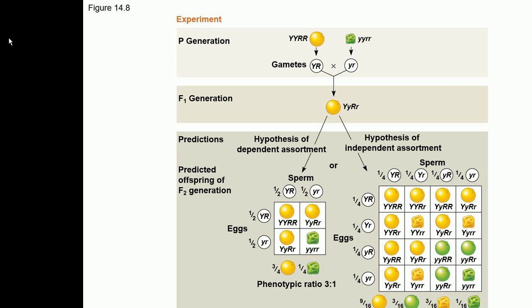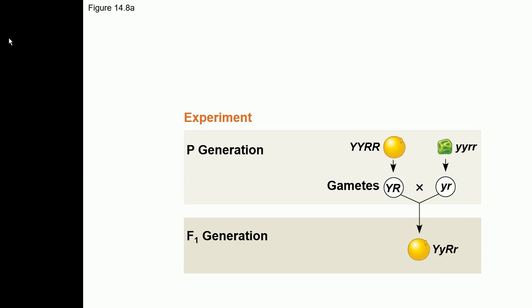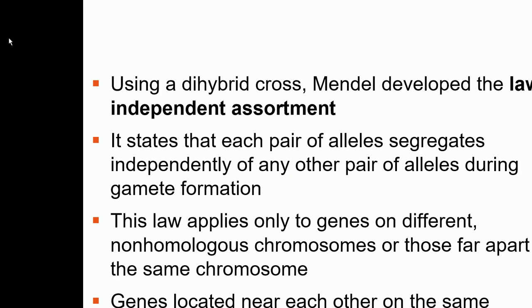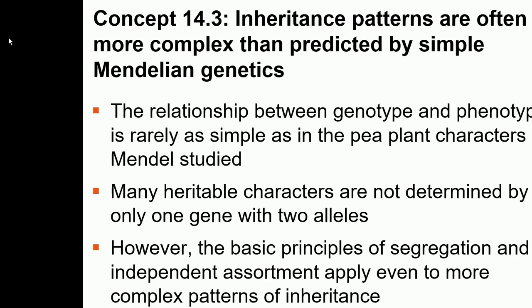At that time, this is what he got. This is all the characters of plants he got, and he made an inference. But the basis of that is the cell division meiosis, and how the chromosomes are separating, how they are sorting independently of each other. This is the basis on which he gave the law of independent assortment.